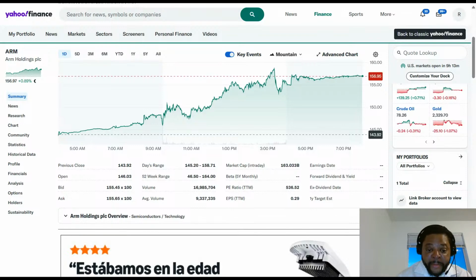Okay. Beta. This is another one. Beta has to do with volatility of the stock compared to the overall market. So this is how volatile the stock is. If you're a person that doesn't like a lot of risk, or you can't sleep at night when you see large price movements, you will want to have a beta under one. Here they don't have a beta. I don't know why.